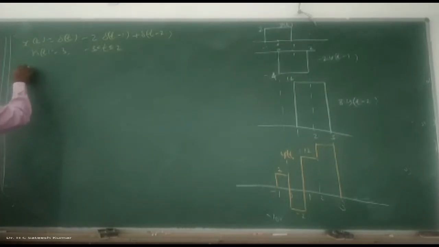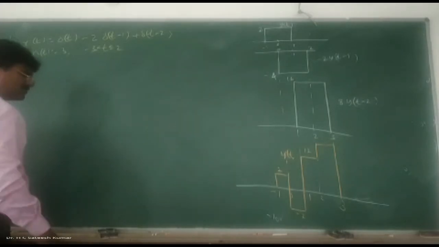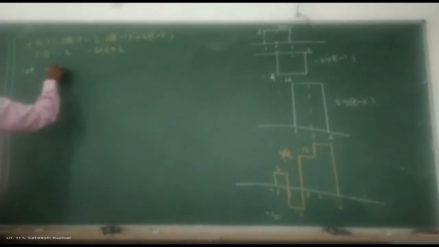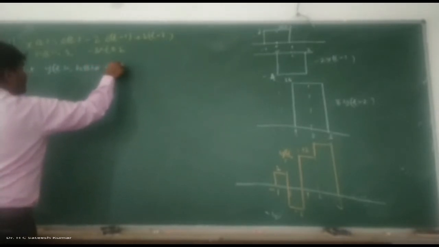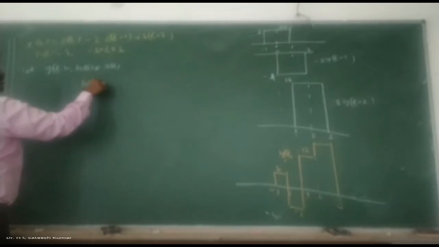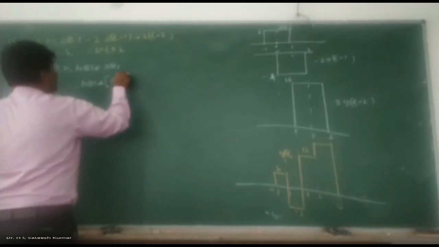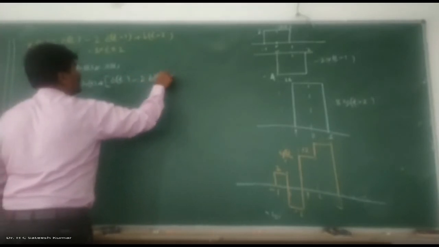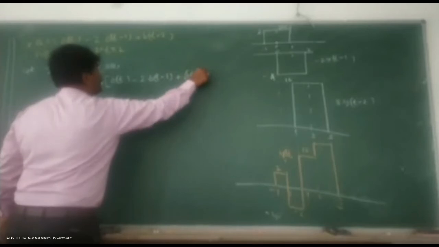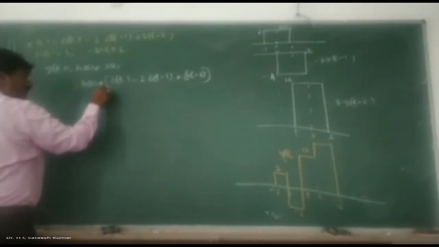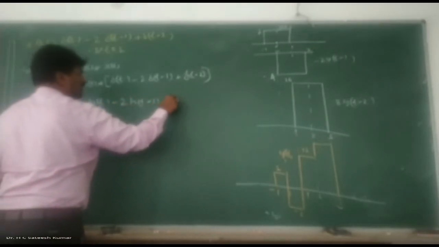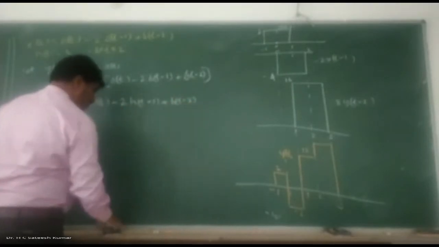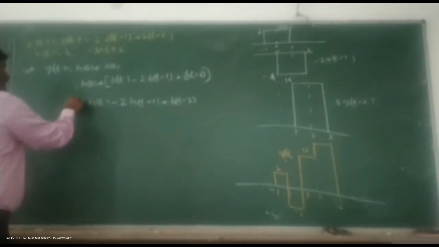Let us call this y of t, equal to h of t convolution with x of t. x of t is delta of t minus 2 delta of t minus 1 plus delta of t minus 2, which is nothing but h of t convolution delta of t, which is h of t minus 2 h of t minus 1 plus h of t minus 2. That's it. So once you get y of t, we can go for sketching of the signals.